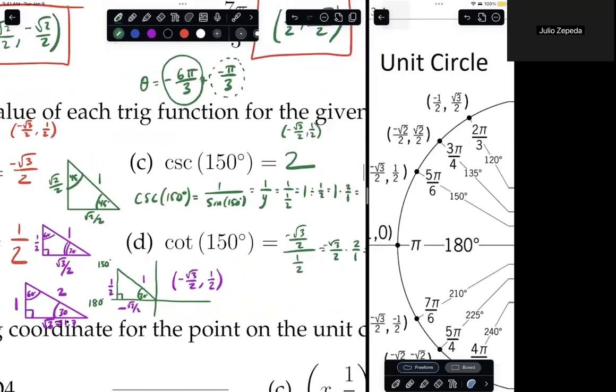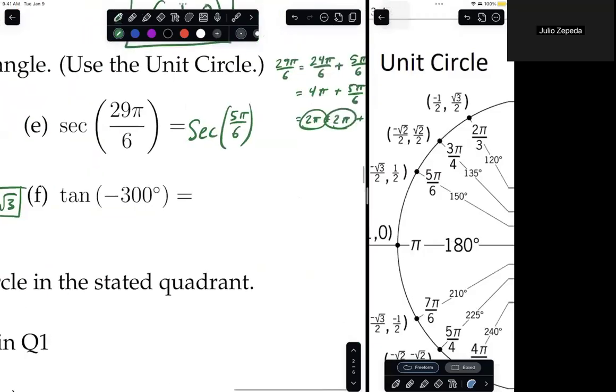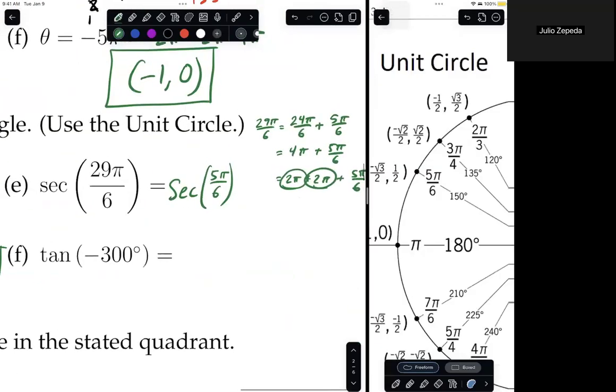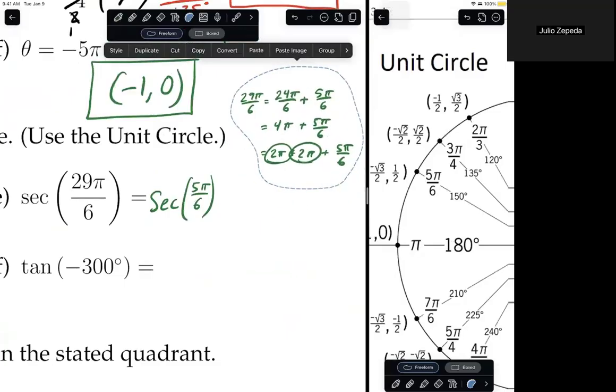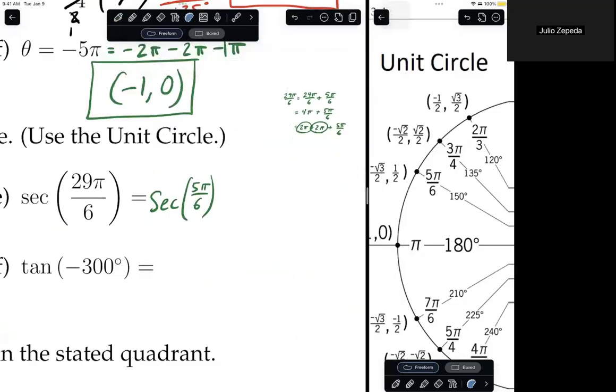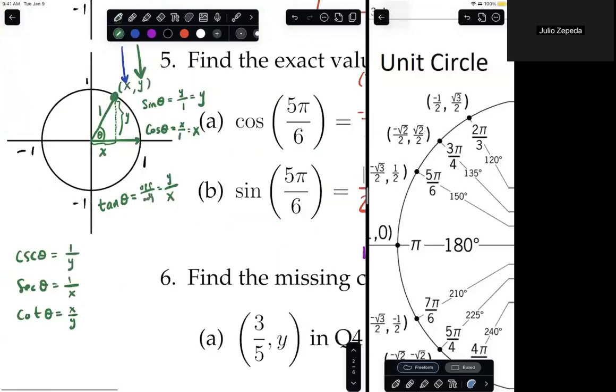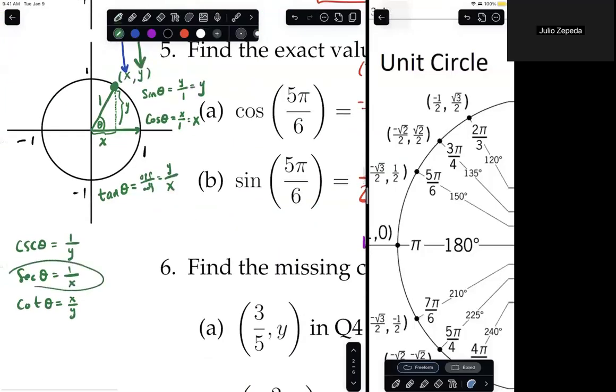So we also talked about it in parts A, B, C, and D. Okay, so our associated point is negative root 3 over 2, comma 1 over 2. And secant is just 1 over x by this definition here.